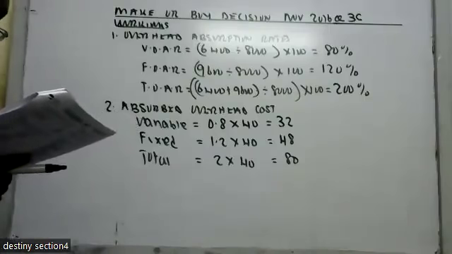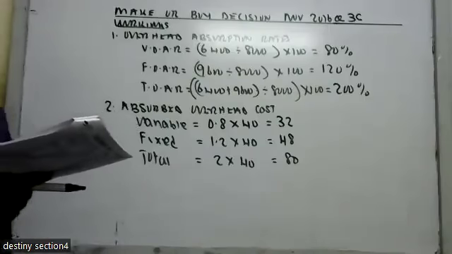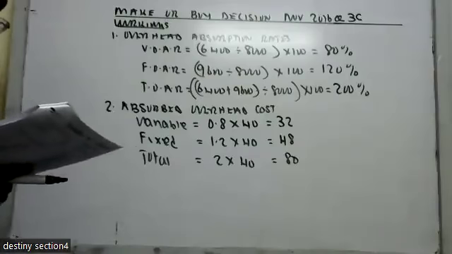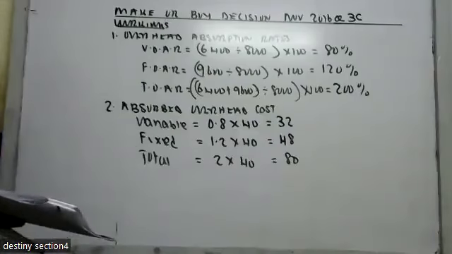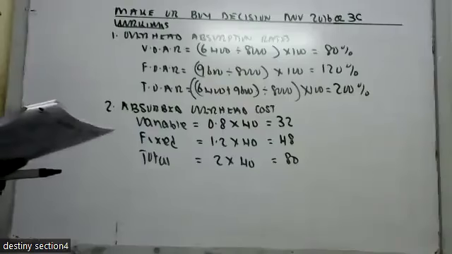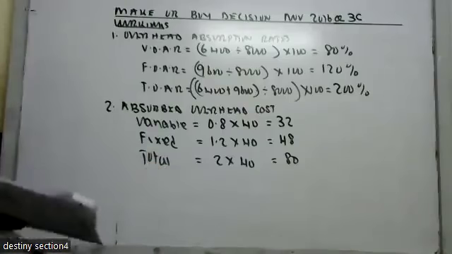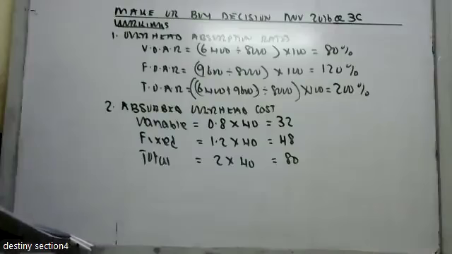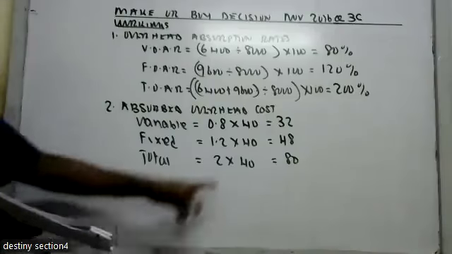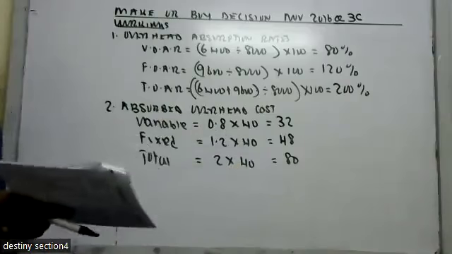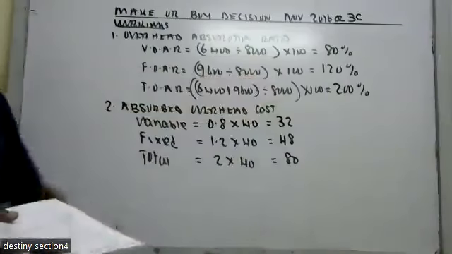Now that one we will not do, because now we understand. That 160, it is 200% of what? That 160, it is 200% of 80. Is it not labor? Are we not using labor? Now we understand that. It is the same thing. Those percentages we got here are multiplied by the labor cost.